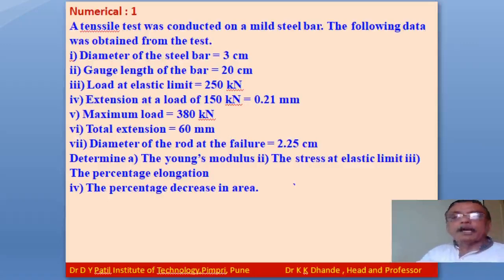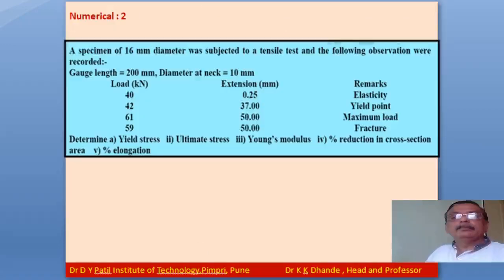Okay, now we move to our second numerical. Read this. In this second numerical, a specimen of 16 mm diameter was subjected to a tensile test and the following observations were recorded.